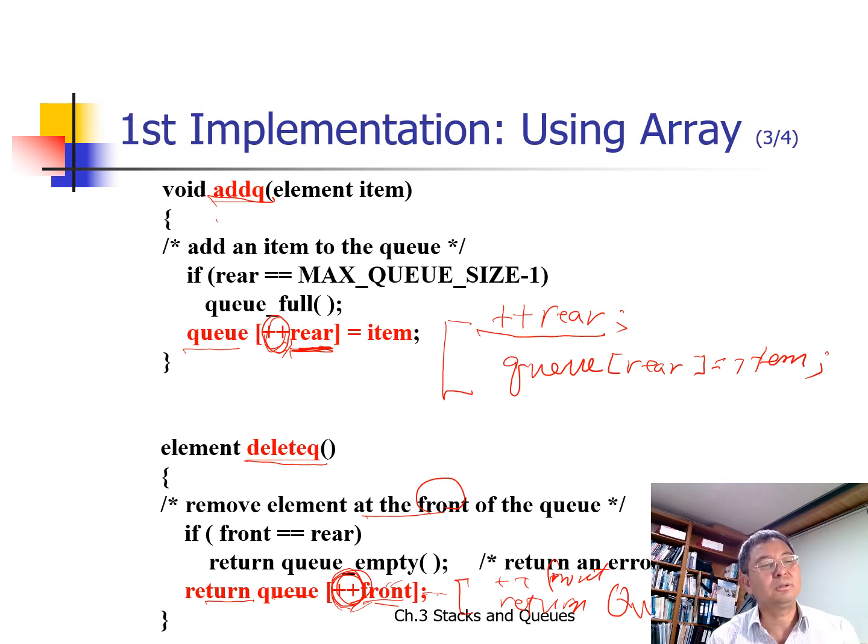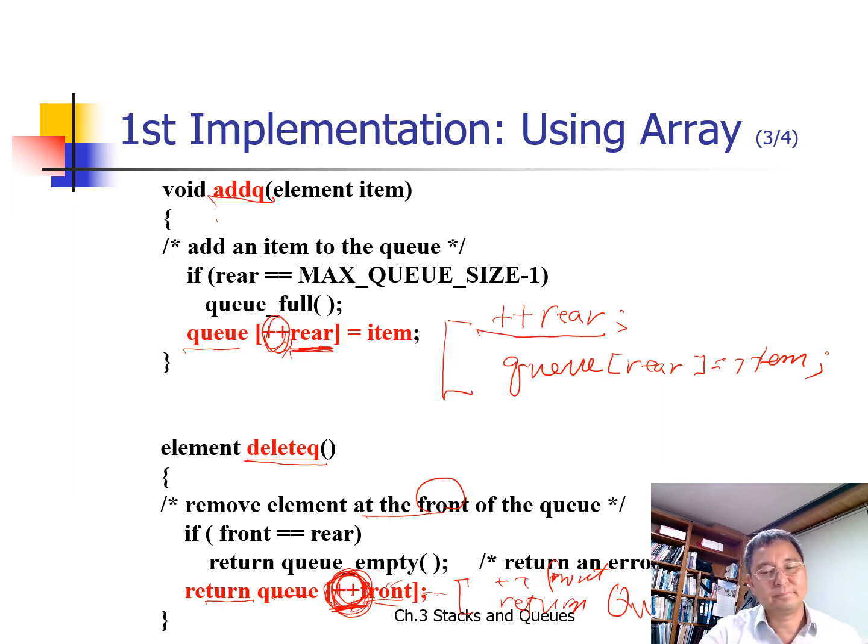So in order to return one data item, you must increase from the meaningless initial value -1 to 0. 0 means the first element in the queue. So you must be careful about the sequence of increment or decrement operators in these implementations. This is the first implementation using an array.